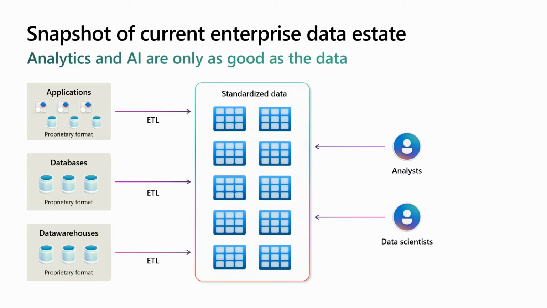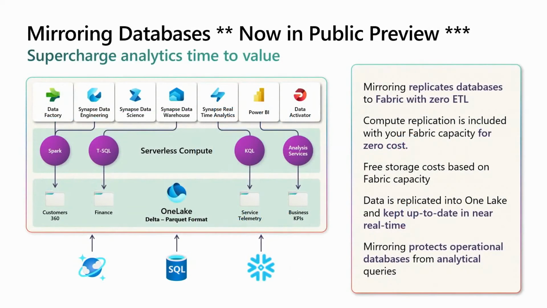To address this, one of the biggest pain points we heard is what we're calling mirroring in Fabric. Let me talk to you a little bit about what mirroring in databases and Fabric is all about. As you can see in the chart, we have multiple sources. This is a SQL session, so we're going to talk a lot more about SQL.